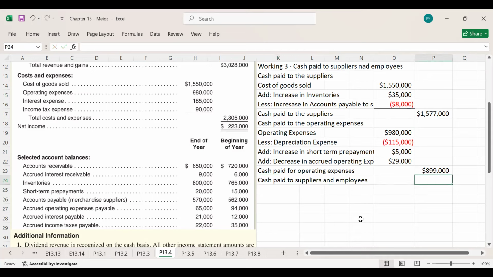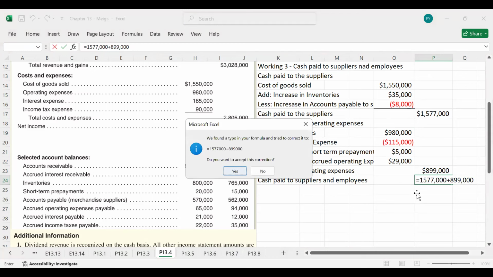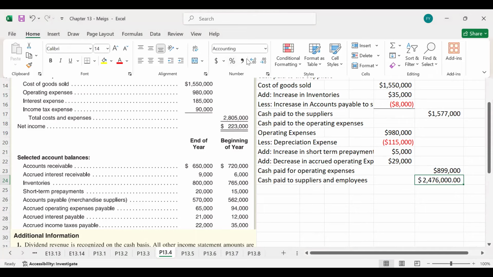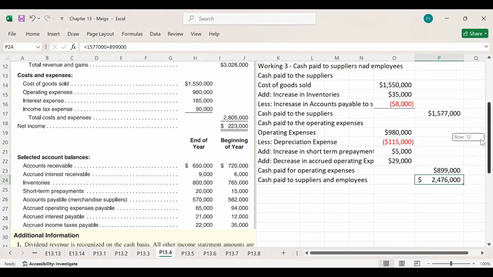The total amount is 1,577,000 plus $899,000. This represents the total, which we are going to present with the dollar sign. So this is our third working.